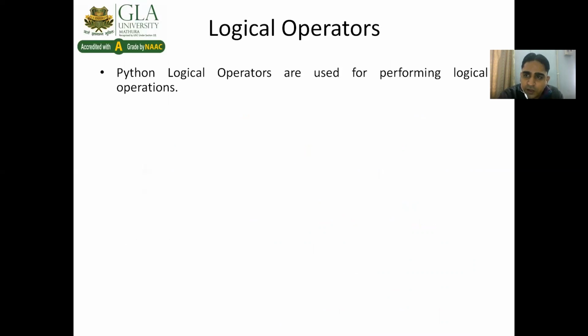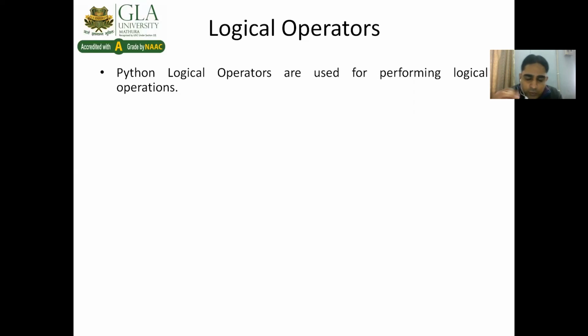What a logical operator does is it finds out whether the relationship between these values, these operands, is true or false. So a logical operator gives you the answer in true or false only. It is used to combine multiple conditions together using the AND operator, the OR operator, or a NOT operator, which is used for inverting.